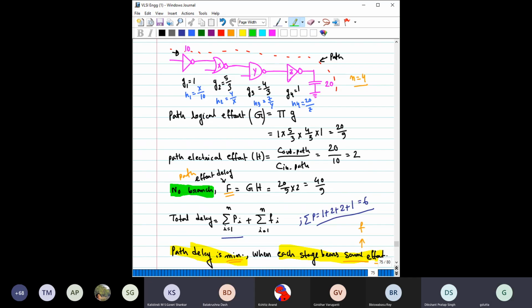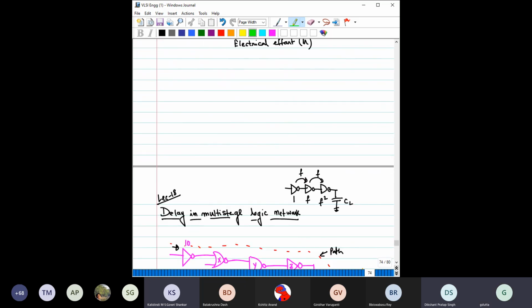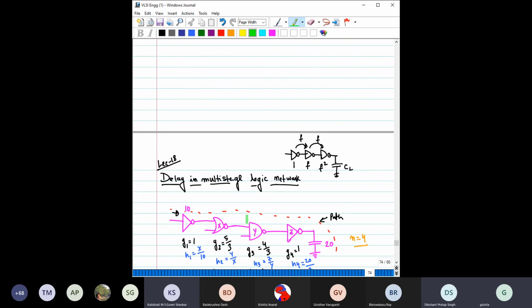No, sir, I was talking about the total delay. Yesterday, the last one, I have taken one example like I have shown something like this. If you have something like this, then what will be the delay? So here we have to introduce the branching effort as well. That would be included in the total delay because this gate has to drive this gate as well as this gate, right?